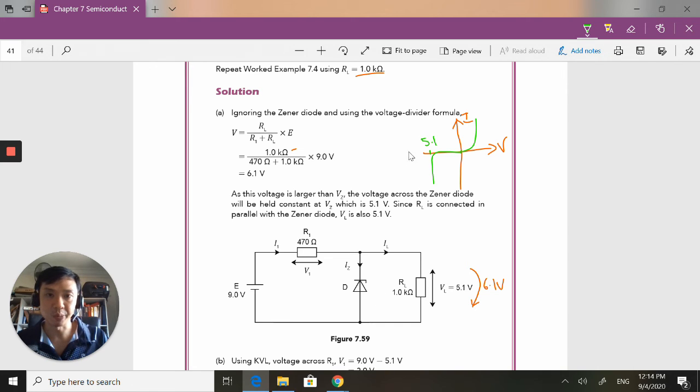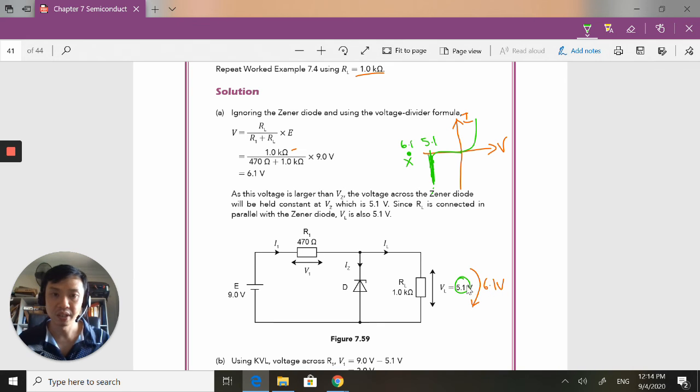So it's 6.1 volts, but it doesn't get to 6.1. It doesn't get here because the voltage is held at 5.1. It's stuck here, 5.1. That's why the voltage across the load is kept at 5.1, even though our circuit analysis says that it is 6.1.